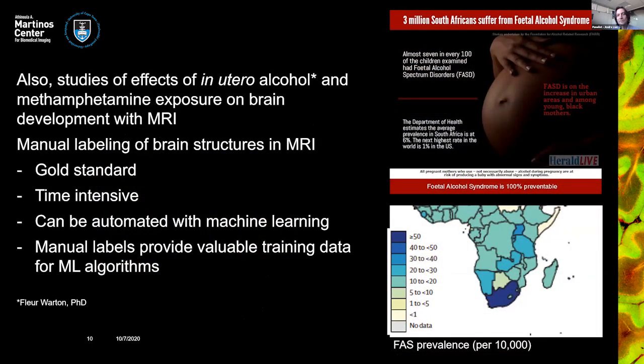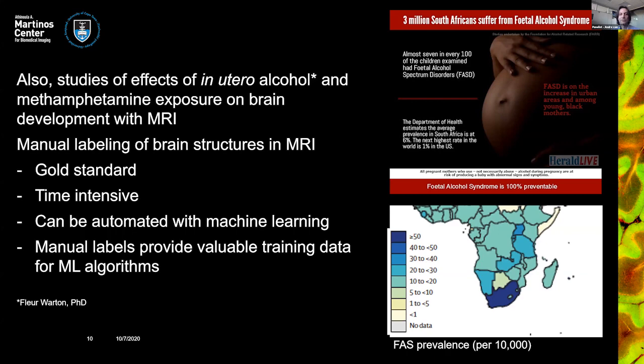We've also been involved in some studies of the effects of in utero alcohol and methamphetamine exposure on brain development with MRI. So this work all involves manual labeling of brain structures in the MRIs to determine morphometric changes. Manual labeling is the gold standard, but it's time intensive, and it can be automated with machine learning.